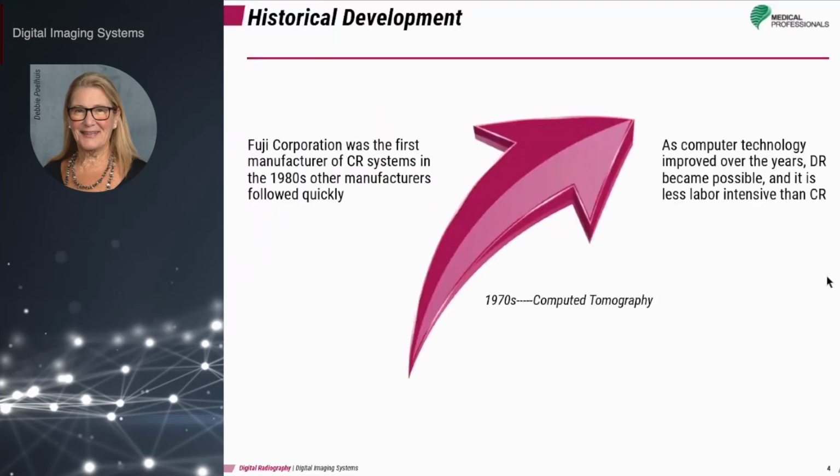So, radiographic imaging has undergone vast changes in the last 40 years. Digital imaging is one of the most important of those changes. Digital imaging has been possible since the introduction of computed tomography, which became available for clinical use, as many of you may remember, in the 1970s.